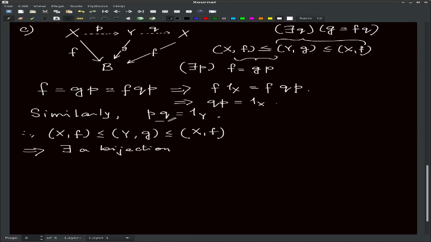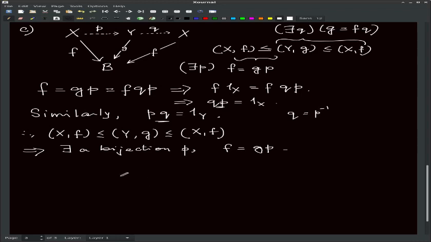So pq is this and qp is this, tells you that q is nothing else but p inverse and p is a bijection. So there exists a bijection p such that f is equal to gp, right? Clear? Yes, Doc, is clear now.